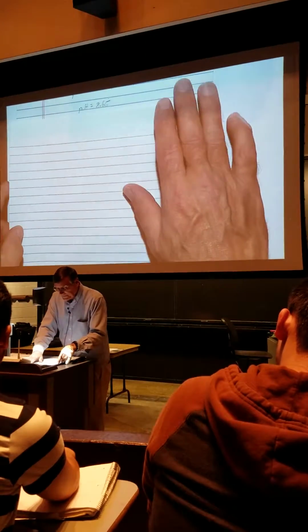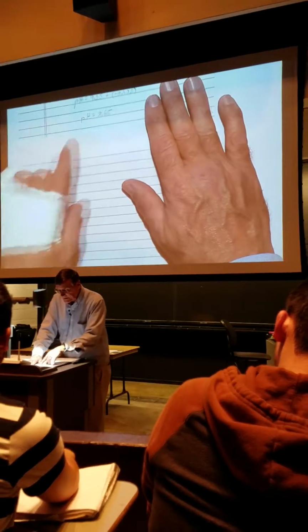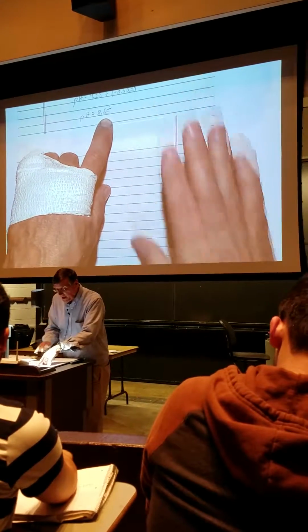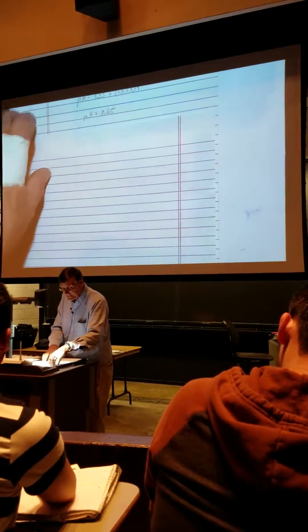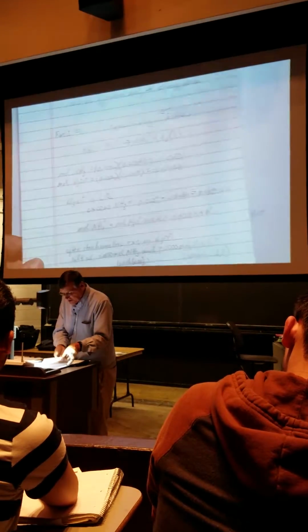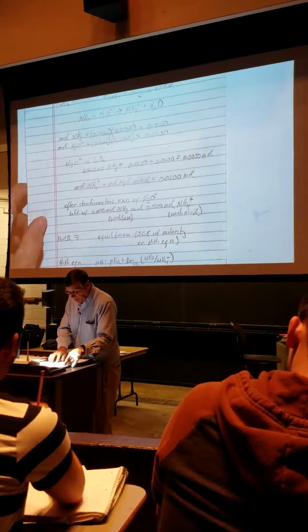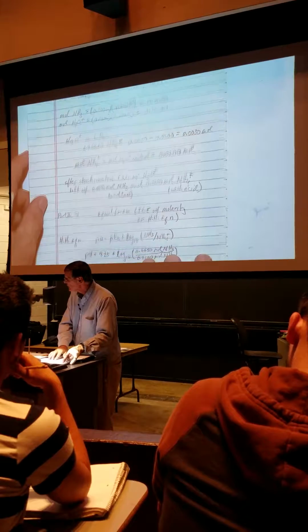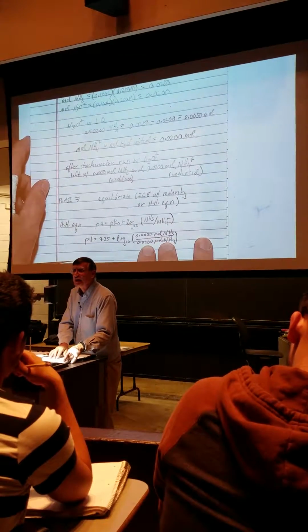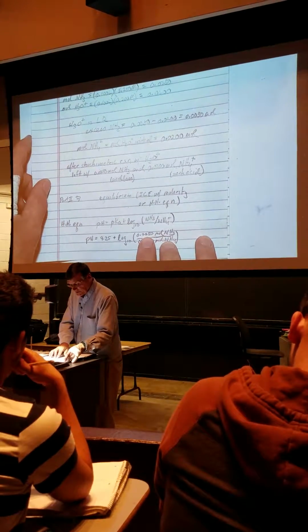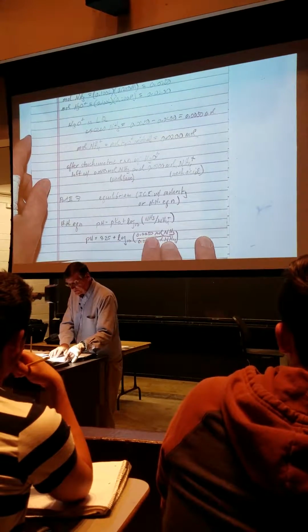Okay, so you do the calculation, it's a pH of 8.65. Okay? Because the log term here, notice you have more moles of acid. Whoops, I can't see that. 0.02 moles of acid versus 0.005 moles of base.